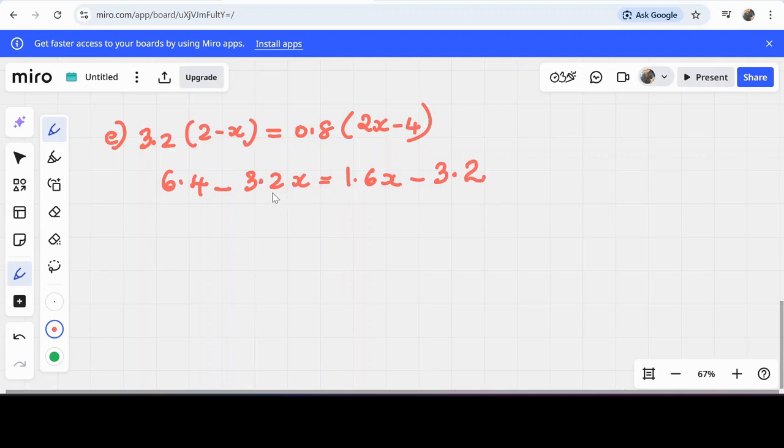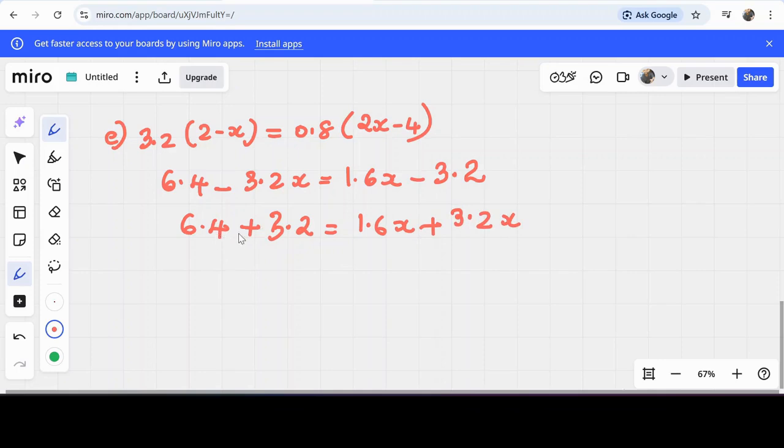Now this 3.2x we can take to the right hand side, then minus 3.2 to the left hand side. So it will become 6.4 plus 3.2, which is equal to 1.6x plus 3.2x.